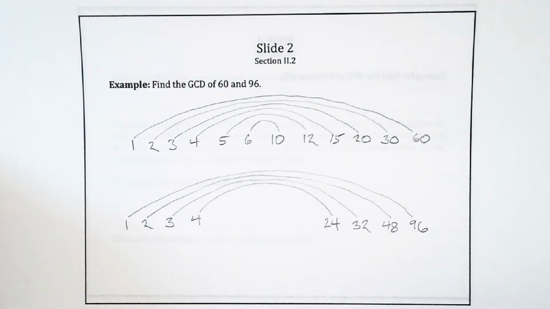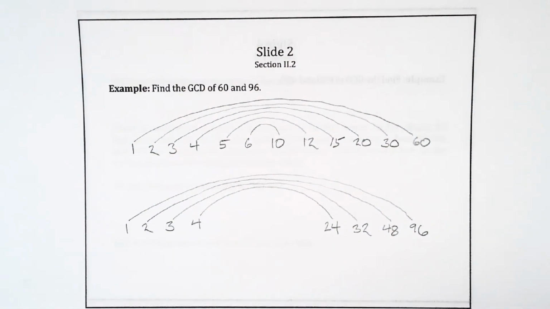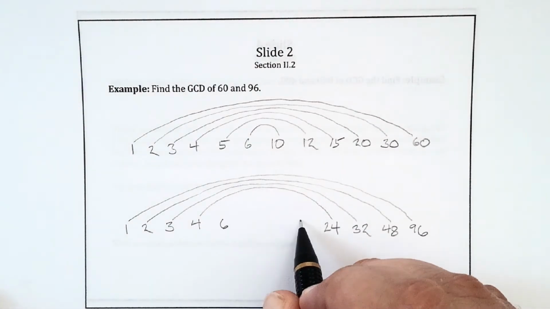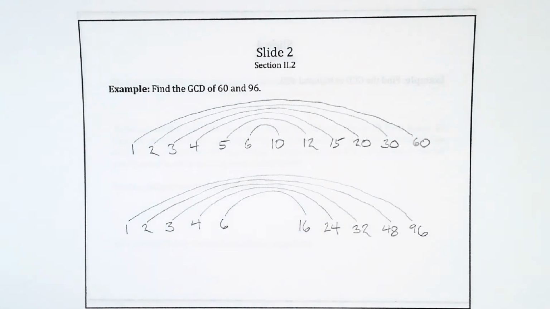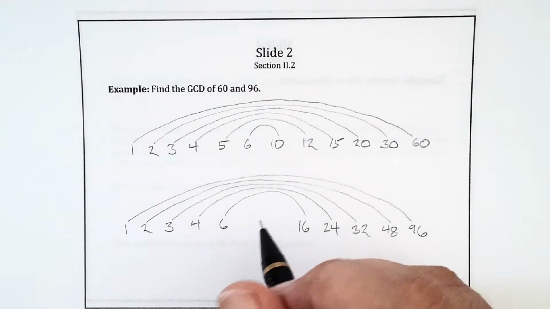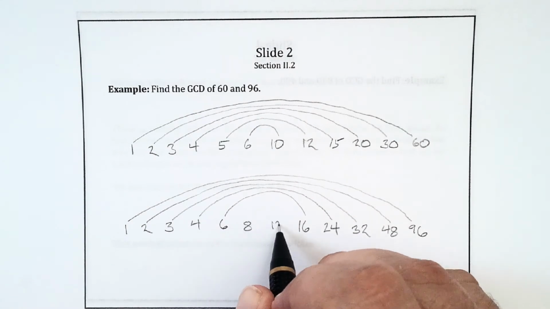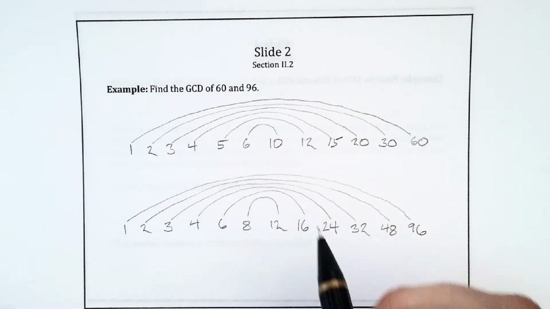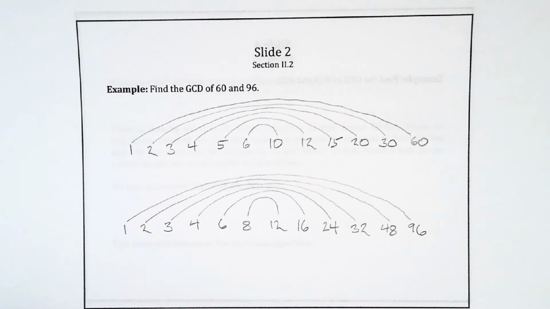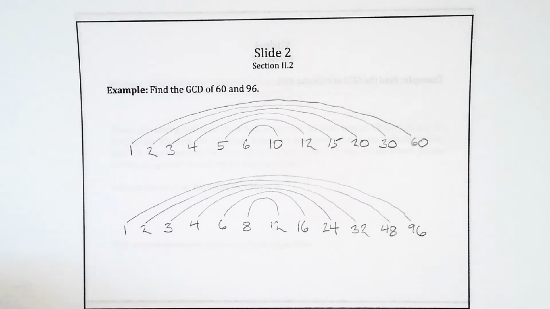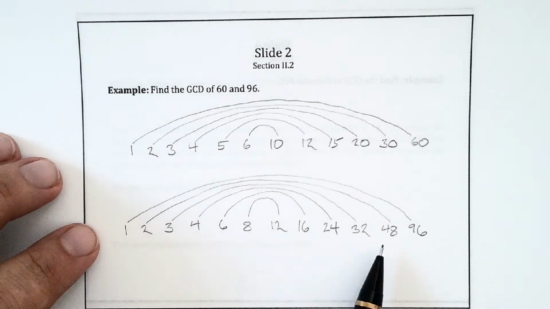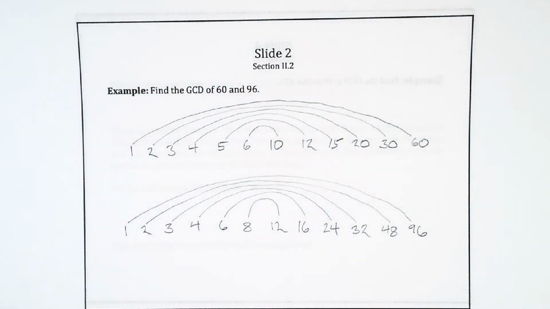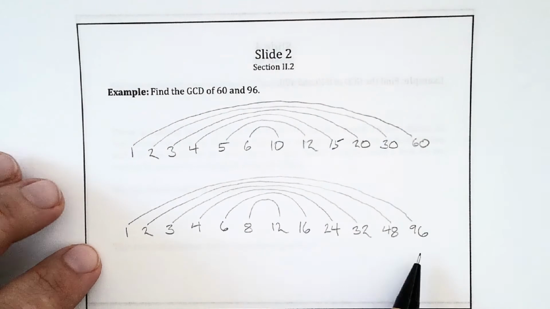Okay, 5 is not a divisor. And then we have 6 times 16. Seven is not a divisor. We have 8 times 12. And 9 is not a divisor. 10 is not a divisor, and 11 is not a divisor. We get up to 12, and 12 is already on the rainbow. It's on the right-hand side of the rainbow. So that means that we're done. So these are all the divisors of 96.